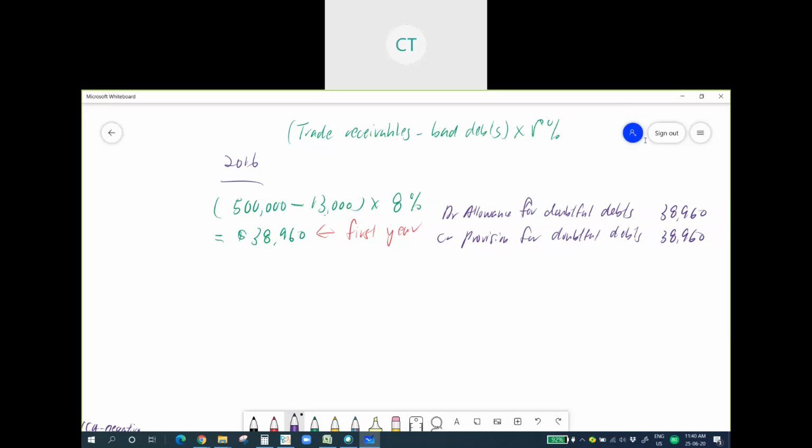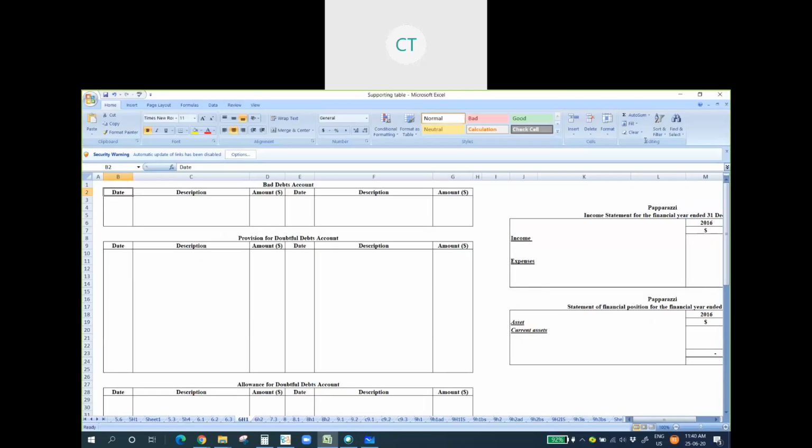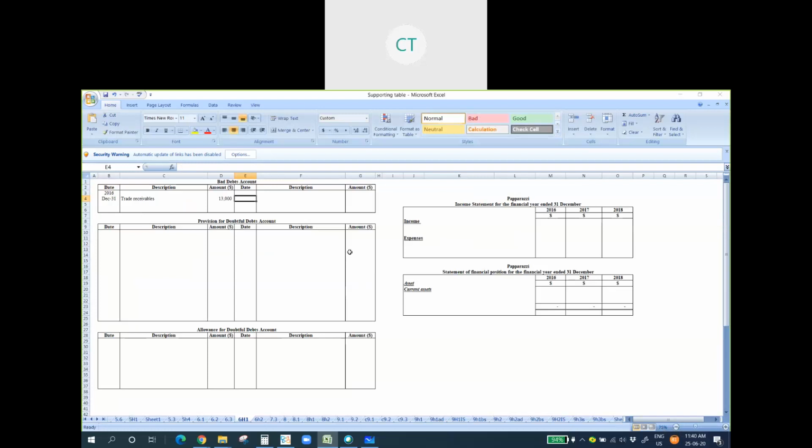Alright, so we start recording. We follow the ledger sequence. First one, bad debts 2016. This is 31st December. We have trade receivable here, 13,000. This is first record the bad debts. Next, we have to record the provision for doubtful debts and allowance for doubtful debts. So we debit the allowance for doubtful debts.